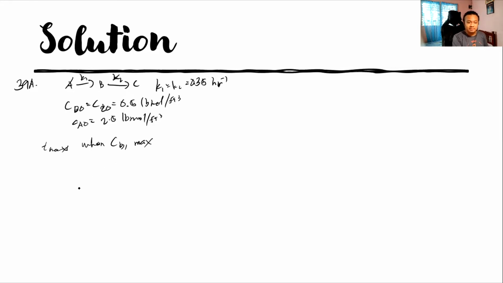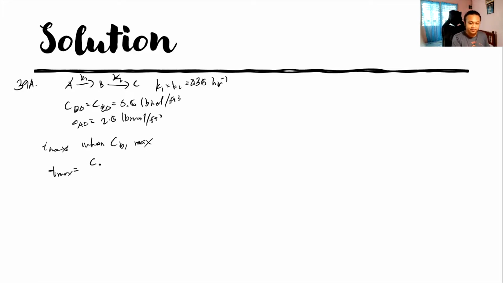Okay, and then how do we find this? The reviewer gave us an equation, and they are really generous to give us this equation, because I can't find this equation anywhere.